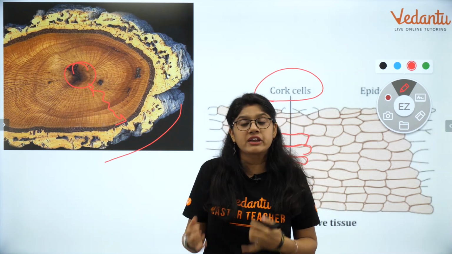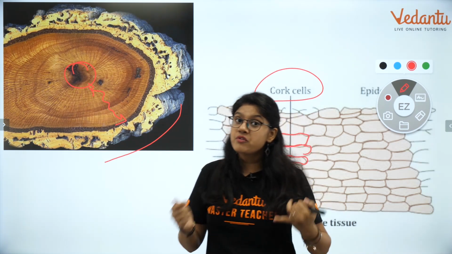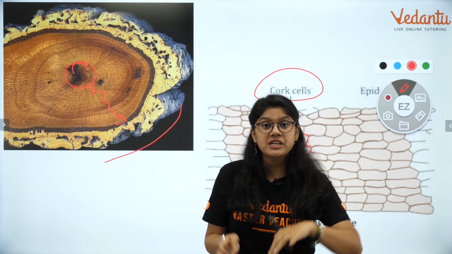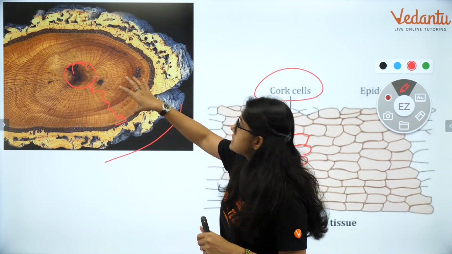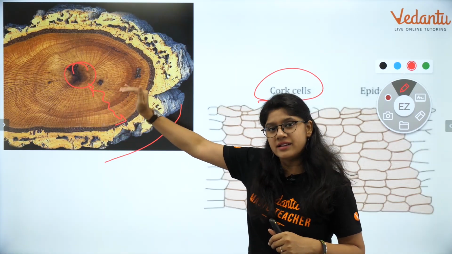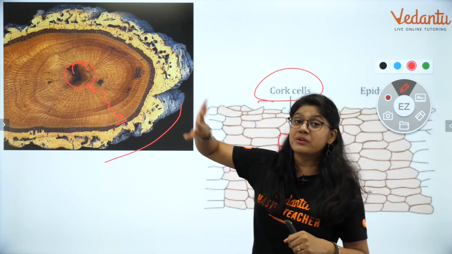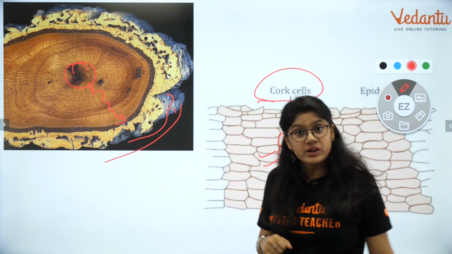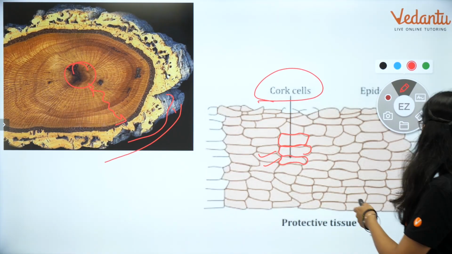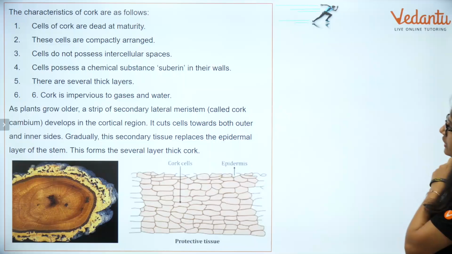They are moving away from the phloem tissue. They are moving away from the xylem tissue. That means food and water will not be able to reach these cells. Okay, and hence slowly at the time of their maturity, they'll become dead and they'll form the outer covering of the tree. Okay, let's see how you can write this answer in your examination.